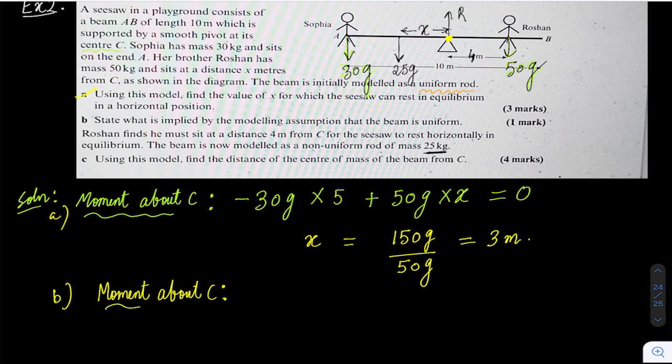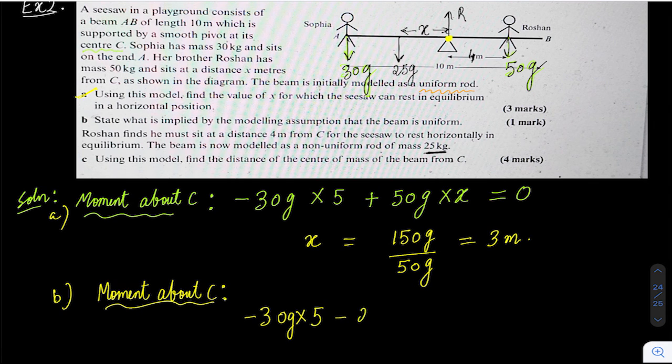Let's write the equation. So if you take the moment about C, for 30 kg, this will be again anti-clockwise. So 30g into 5, that is again anti-clockwise. Plus, for 25 kg, again it will be anti-clockwise direction, right? As you can see, this is 25 kg, this direction is anti-clockwise.